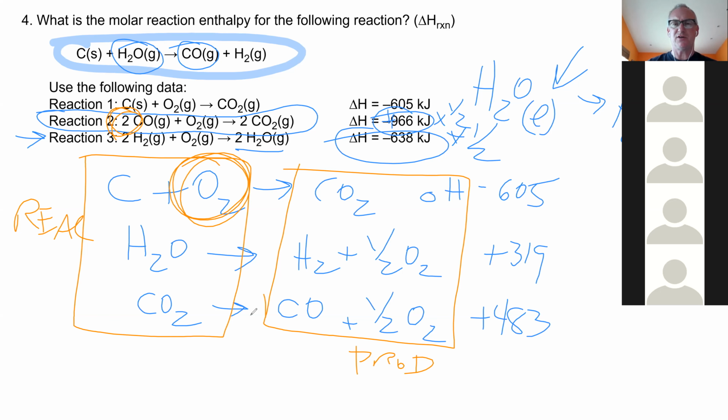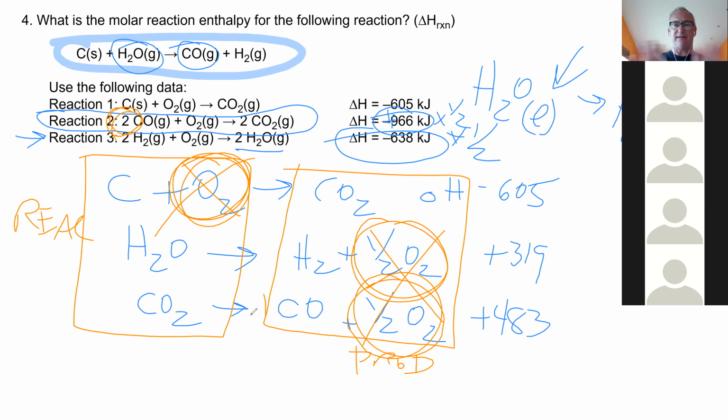How many moles of oxygen do I have on the product side? 1. Yeah, I got half here, and I got half there. So I have 1 mole of oxygen as a product and 1 mole as a reactant. So I can cancel those. That gets rid of my oxygen. It's being produced and it's being consumed, so I have the same amount of oxygen at the beginning as I have at the end.